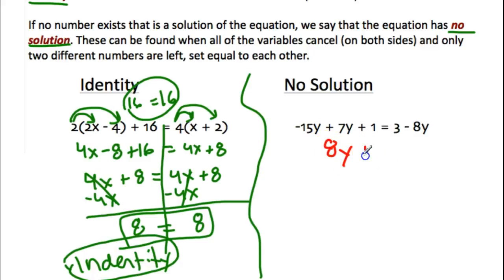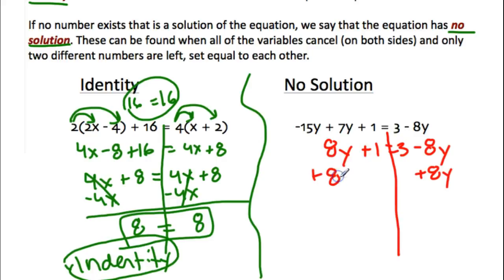And I have plus 1 equals 3 minus 8y. To get the variables on one side, I don't like this negative, so I'll do a plus 8y. I'll draw my line. And I'll do a plus 8y over here.